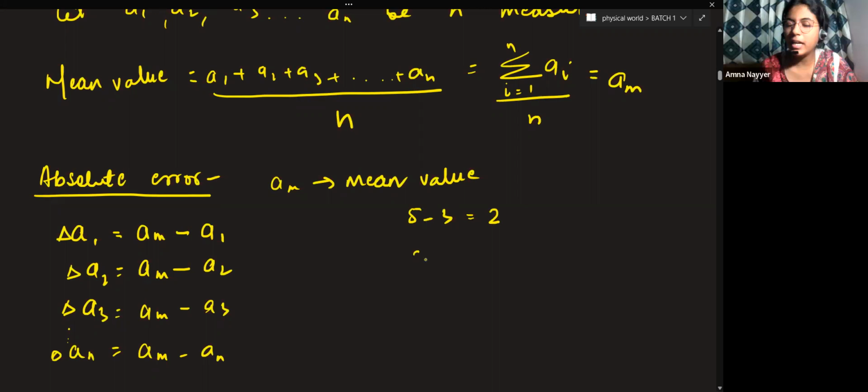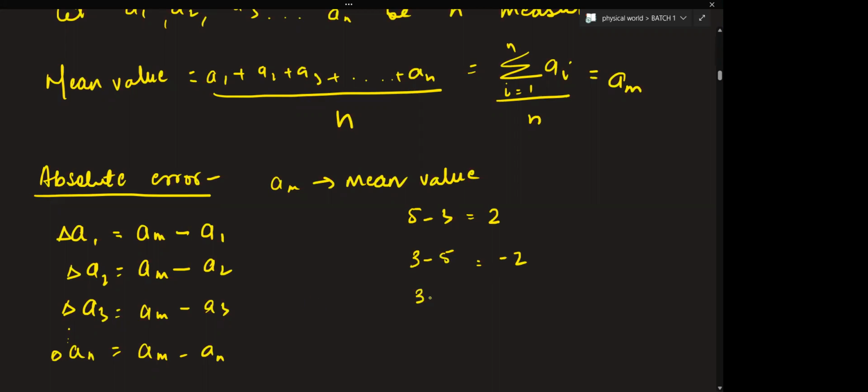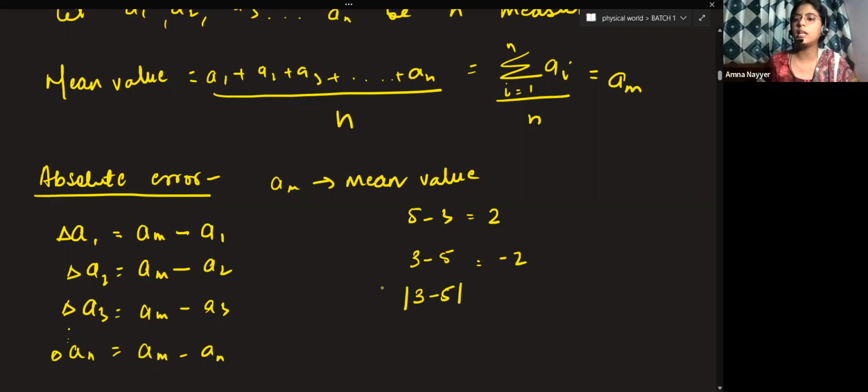But if I have 3 minus 5, I'll get the answer as minus 2. If I write these modulus symbols around it, your answer is 2. Whenever you write modulus, the sign is never written; 2 will always be written.